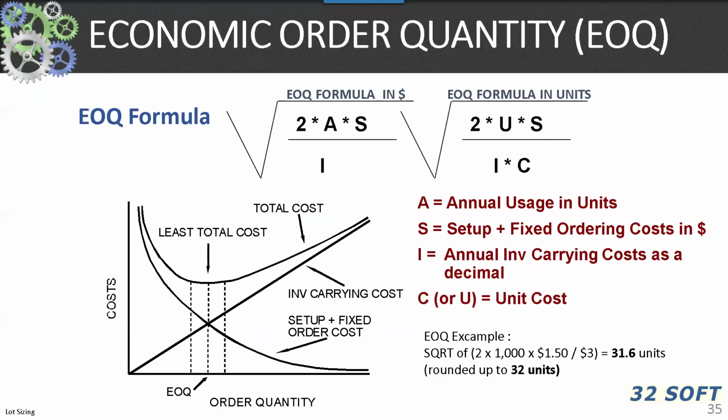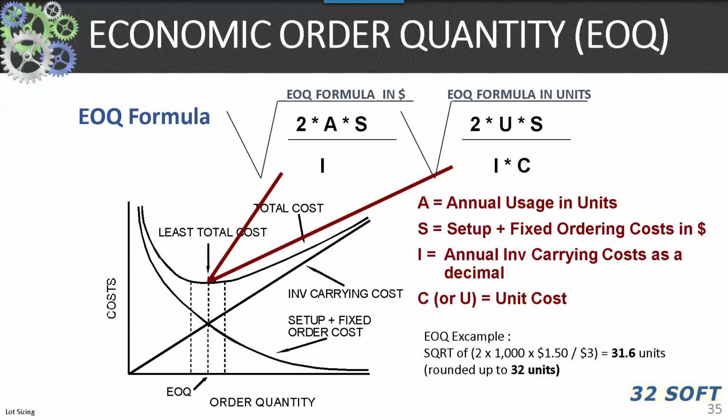Since we don't want to have to graph every item in inventory, we can use mathematics to calculate EOQ, and we can calculate either the dollar value of EOQ or the unit value of EOQ. The formula is the square root of, in terms of dollars, 2 times the annual dollar usage times the setup divided by the carrying cost.